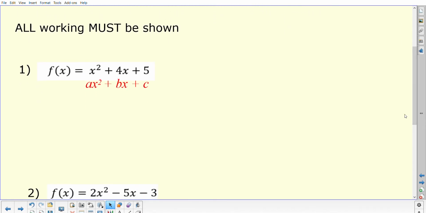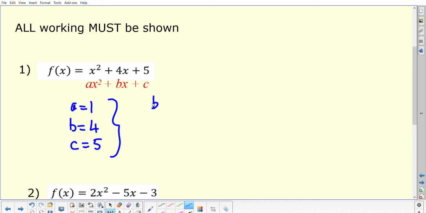So this first question, you should be comparing. When you do these questions, you need to compare your values and write down what your a, b and c are. So here a would be equal to 1, your b, the number in front of the x, would be 4, and the c is the number on its own.